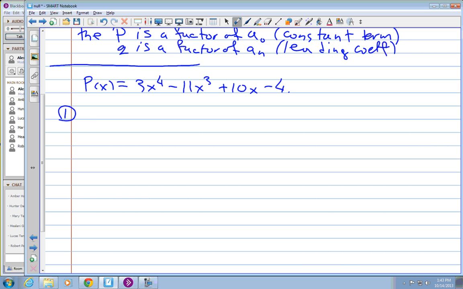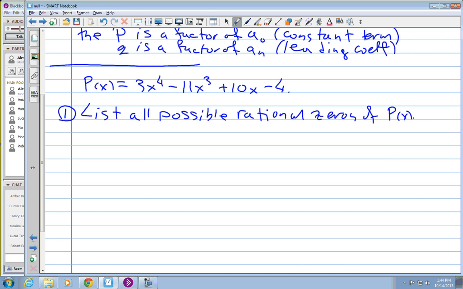So I'm going to ask you this question. List all possible rational zeros of this polynomial. So that means all factors of the constant term divided by all factors of the leading coefficient. So this is how we're going to start.